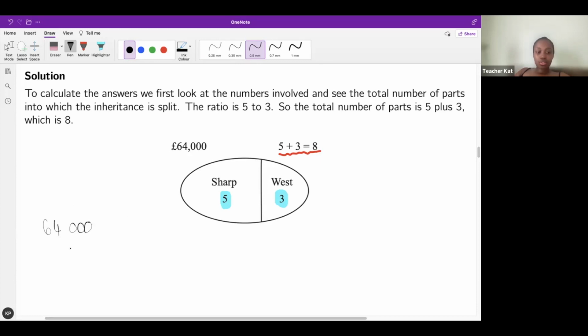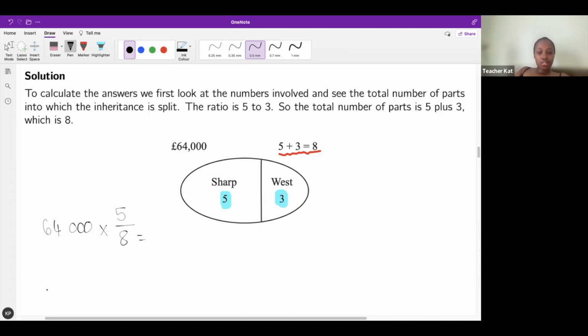So you're going to take the total amounts that they have. And for Sharp, you're going to say times how much, what's the fraction that Sharp gets? He gets 5 out of 8. Do you see why we multiply by 5 over 8, guys? It's very important to get this. There are two ways to do this actually, but I'll do both of them just now. So you say times 5 over 8.